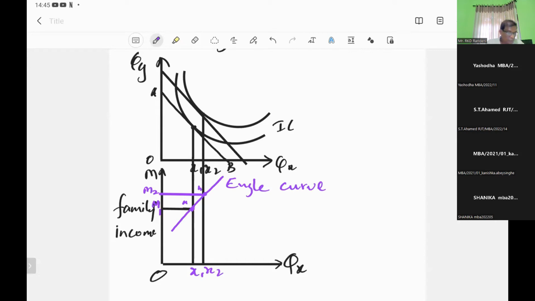The shape of the consumer Engel curve for a particular good will depend on the nature of the goods, the nature of the consumer taste and preference, and the level at which commodity prices are held constant. The slope of the Engel curve indicates the responsiveness of quantity demanded of a good or service to change in consumer income.